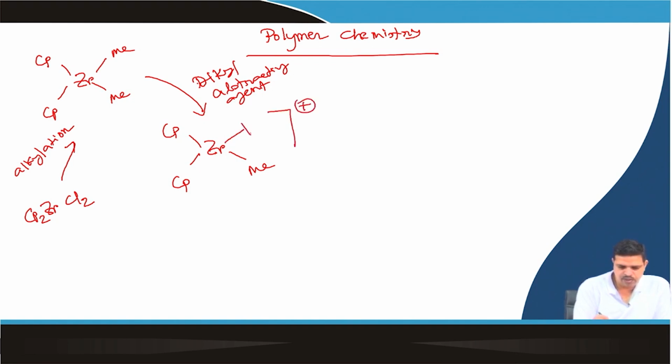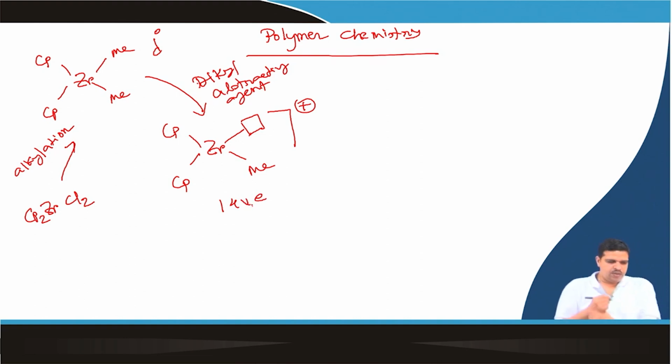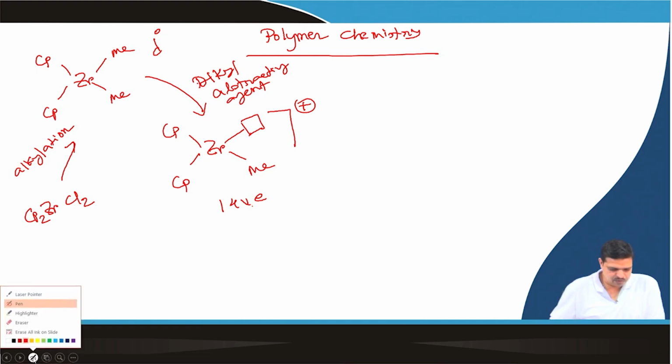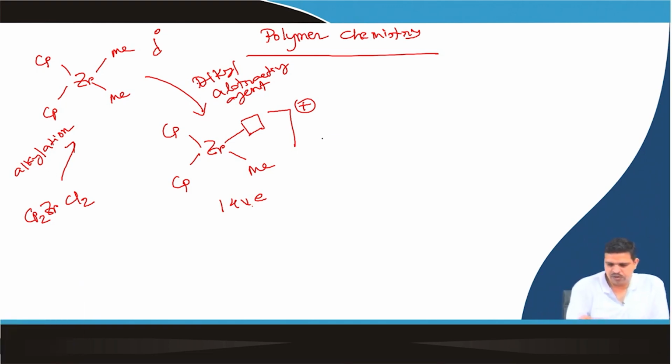So you will see there is a vacant position here. Now again you see that this is the d0 system. Now it is a 14 valence electron system, and this one is actually responsible for olefin polymerization. So this one actually undergoes the olefin polymerization.